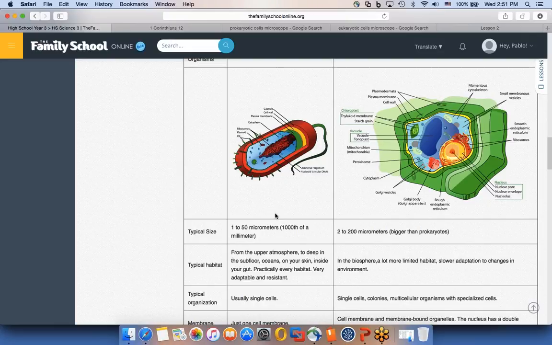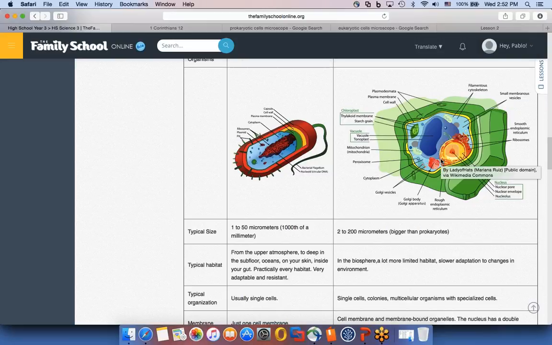They don't need each other. Instead, there are a few eukaryotes that are unicellular, like some protozoa, but most of them are multicellular. So prokaryotes are usually single cells, while eukaryotes are sometimes single cells, colonies, or multicellular organisms, okay?